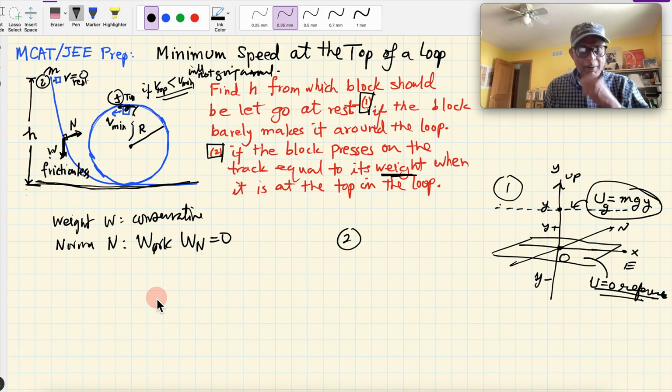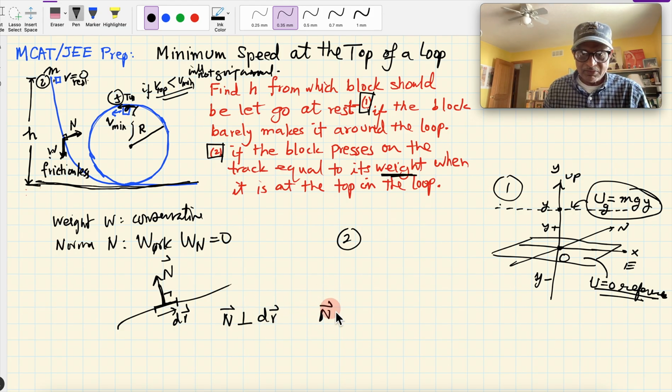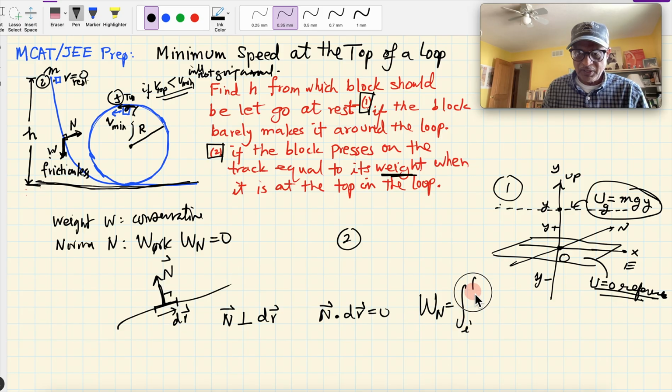Now why will that be 0? If this is the path, the normal force will be 90 degrees to the path. So if this is the vector dr, then n is perpendicular to dr. That means n dot dr will be 0, and the work by the normal force from initial to final, the integral of normal force dot dr, equals 0.